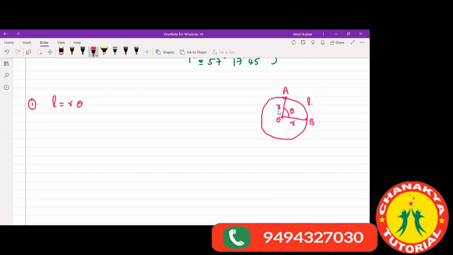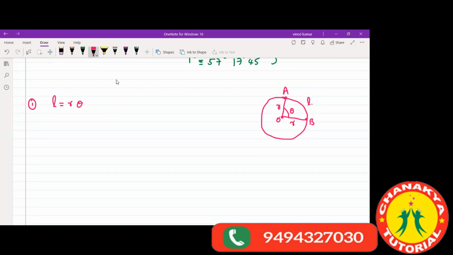OA and OB are radii. The angle AOB is theta. The distance from A to B is L. So the length of the arc is L equals r theta.